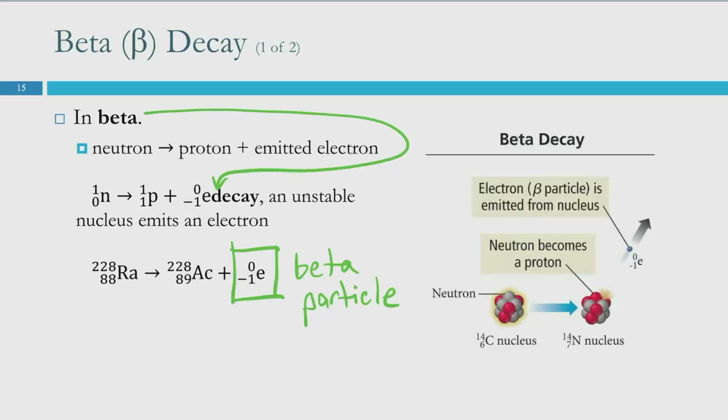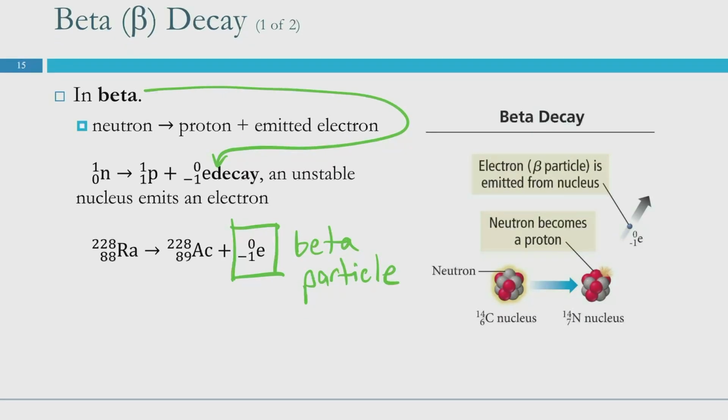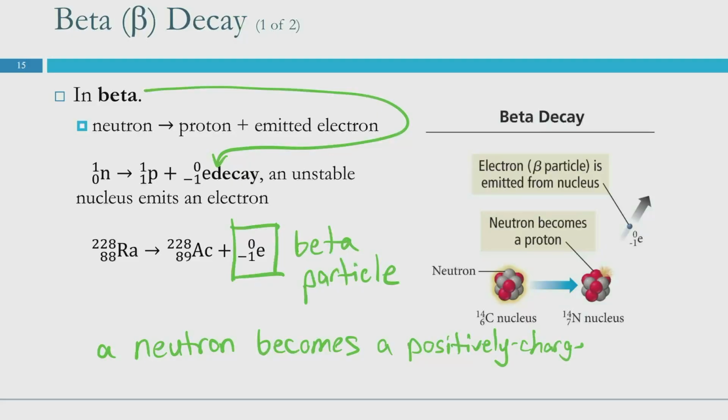That's true. So a neutron becomes positively charged. Possibly the hardest part of the different types of decay is just memorizing what the different types of decay are.